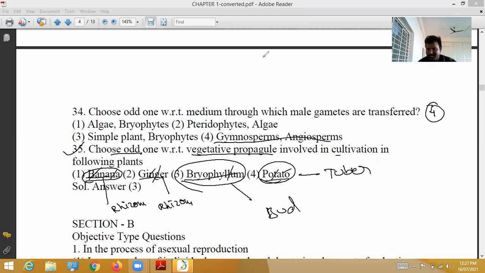So what you said, it produces notches or buds at the margins, that is correct. Among the four, only this is a bud. Those buds are called epiphyllous buds. That's why the third one is the different one. Banana, ginger, potato, these three are propagated by rhizome and tuber. Okay? That's it.